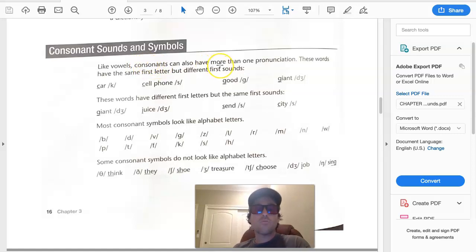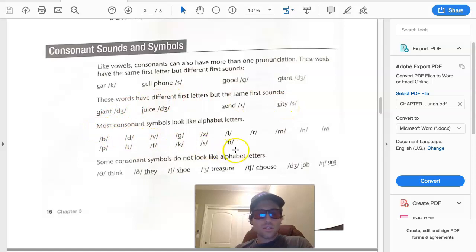Consonants can also have more than one pronunciation depending upon the spelling, right? The word that's being used. These words have different first letters but the same sounds. Giant and juice, different letters, same sounds. Send and city are different letters and have the same sounds.